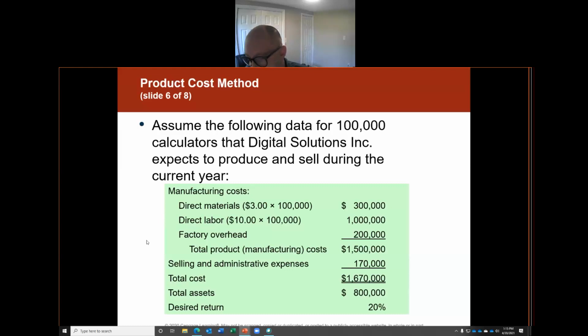Let's look at it through an example. We have manufacturing costs: direct labor, direct material, factory overhead. Total manufacturing cost is $1.5 million. My selling administrative expenses are $170,000. My total cost is $1,670,000. My total assets are $800,000, and my desired return is 20%.